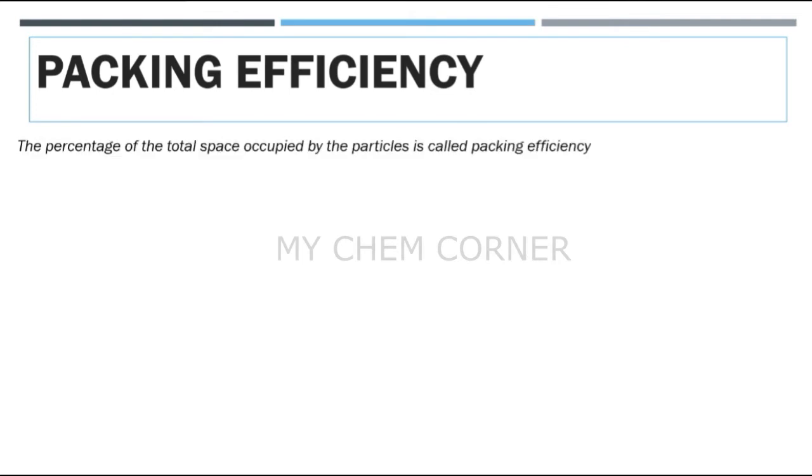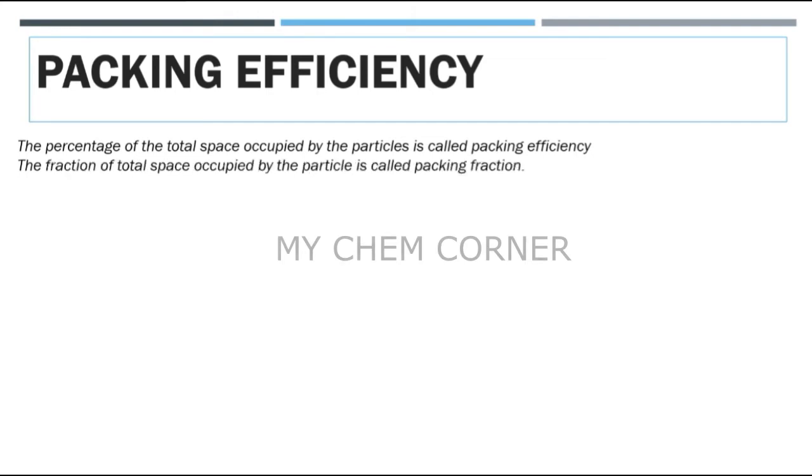Now, packing efficiency: we're basically looking at the percentage of total space that is occupied by particles in a crystal, and that's called packing efficiency. We saw the same thing in close packed structures when we looked at 1 dimension, 2 dimensions and 3 dimensions. Now we will look at the percentage in each type of unit cell.